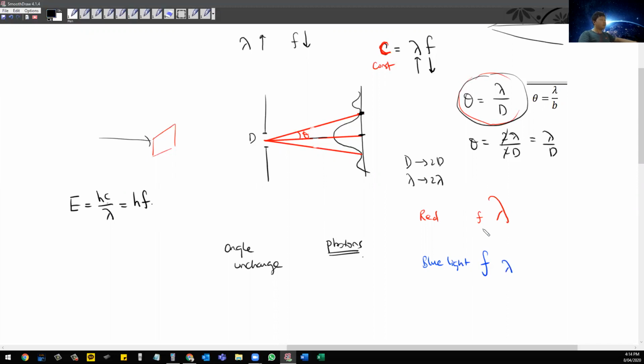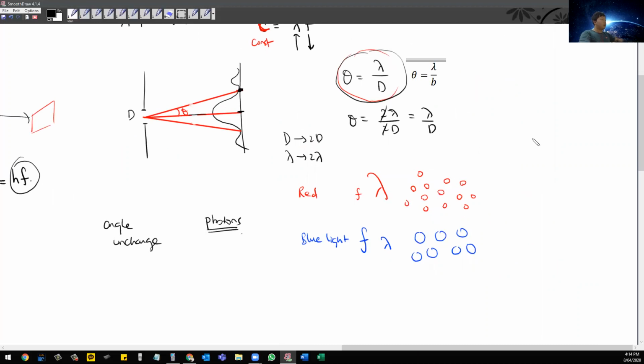When you plug that into this formula, where h is Planck's constant, all this equation is saying is that red light is made up of small photons that have less energy, whereas blue light has bigger photons, because they have higher frequency. Red is lower frequency, so that's a smaller particle, and that's a bigger particle.